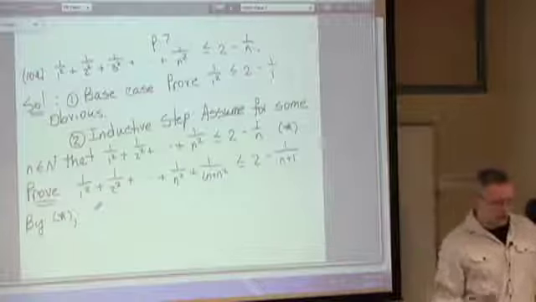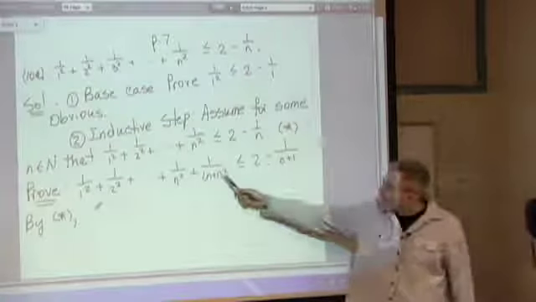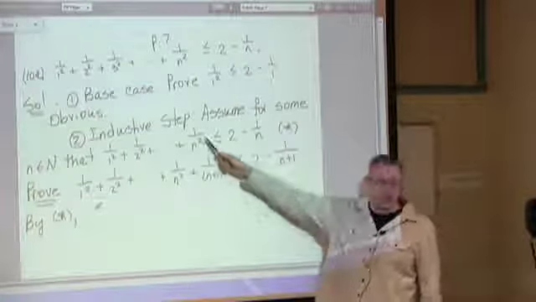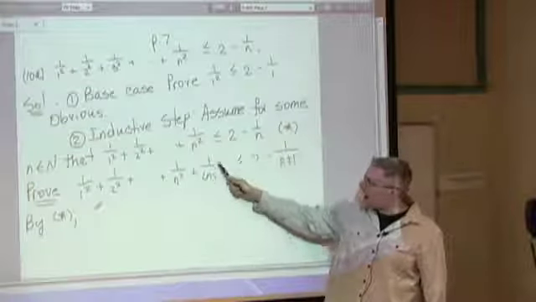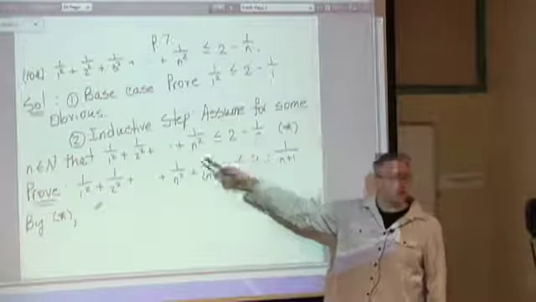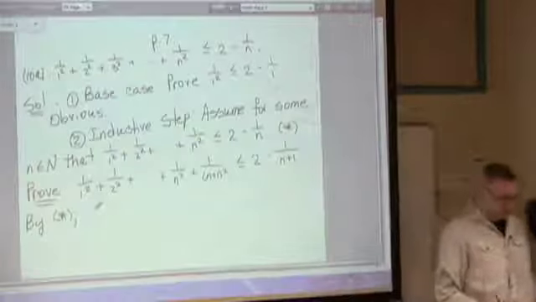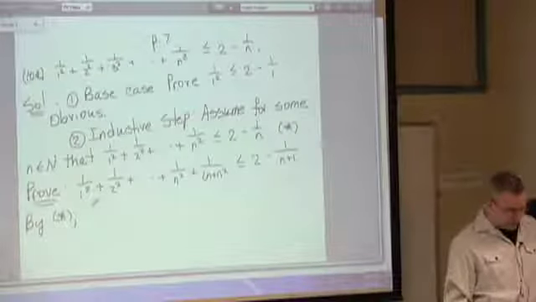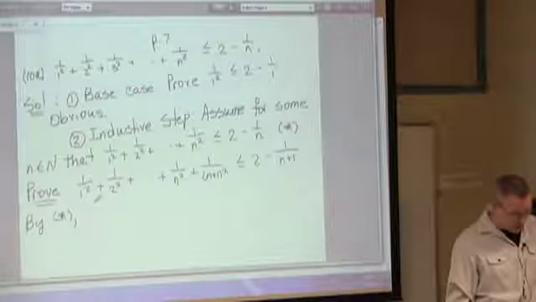So what do we do? We need to get to this point, and this has a 1 over n plus 1 squared that this doesn't have. So why don't we just add 1 over n plus 1 squared to both sides of this? I'm not going to write that down, but that's what I'm doing right now.